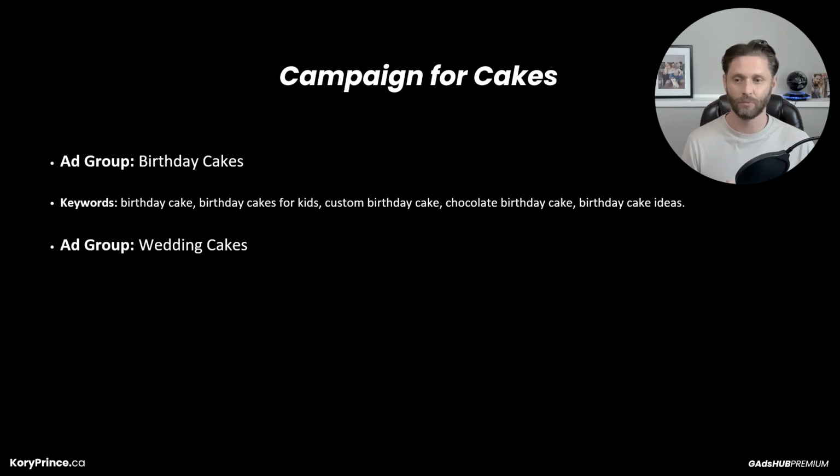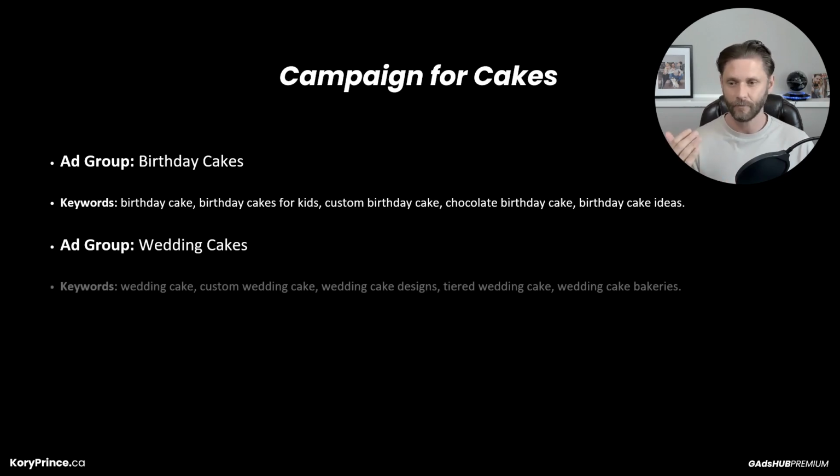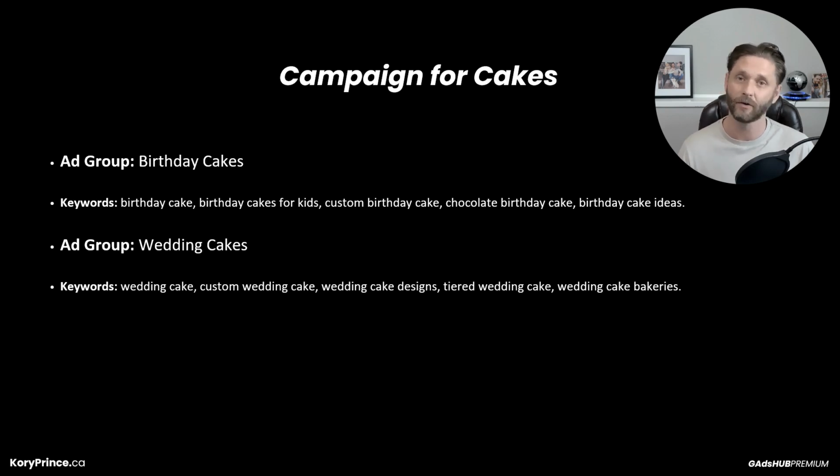Let's say the next ad group is wedding cakes. Keywords would be wedding cake, custom wedding cake designs, tiered wedding cakes, and then wedding cake bakeries could be another one as well. Now, these aren't exhaustive.